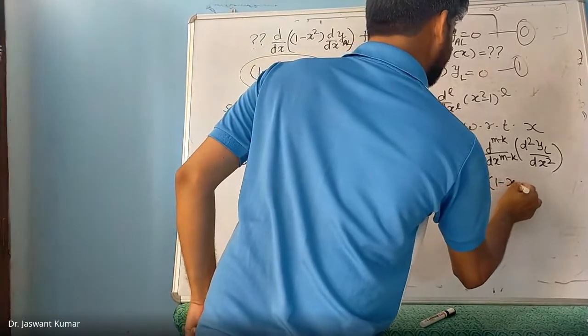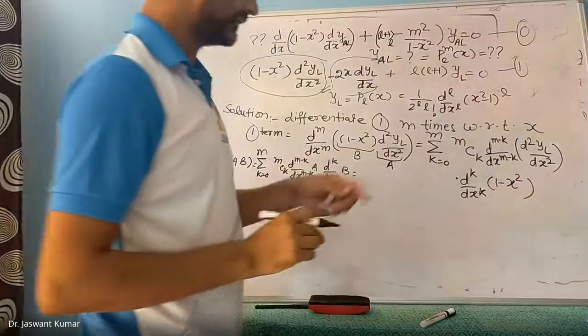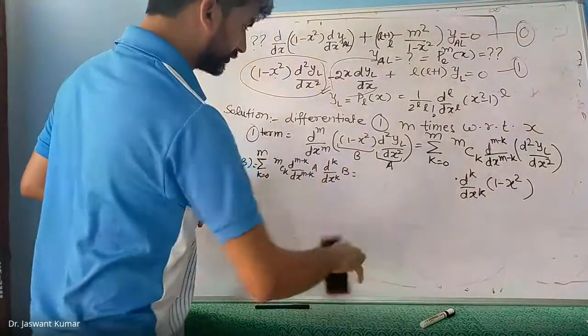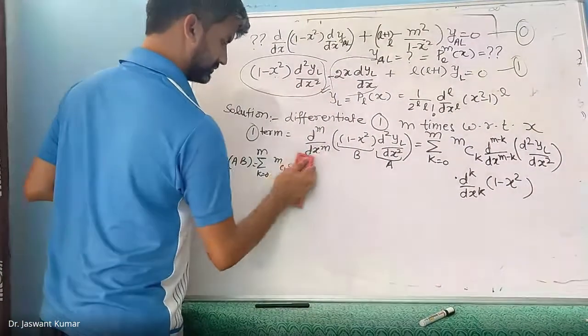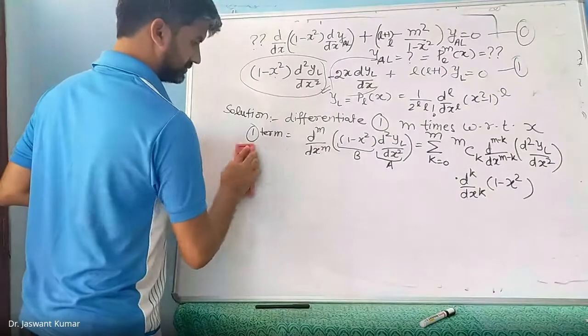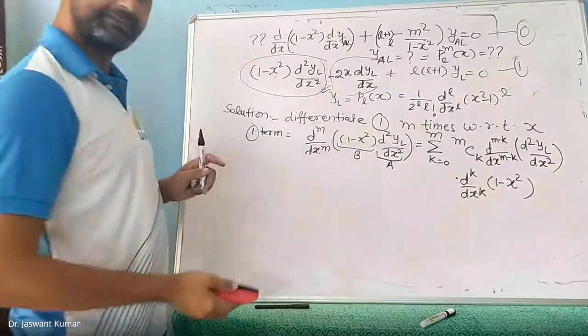B was 1 minus x square. You tell me if this is not clear to you. Please tell me, all of you.